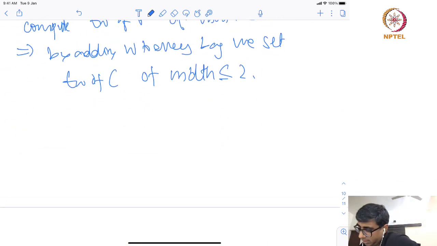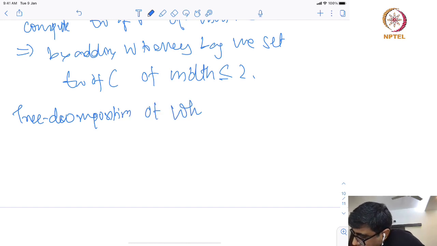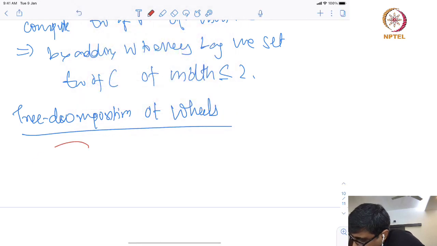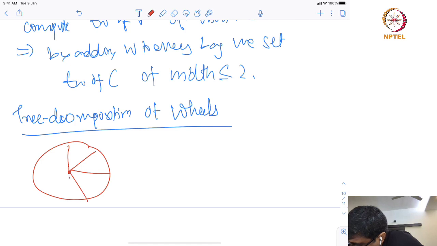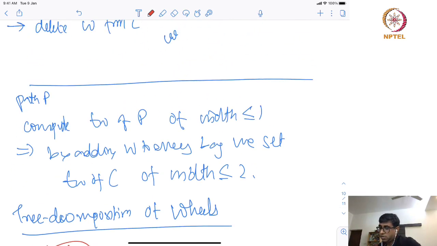Okay, let's go further. What about tree decomposition of wheels? What is a wheel? It's a cycle and there's a spoke. What did we prove?